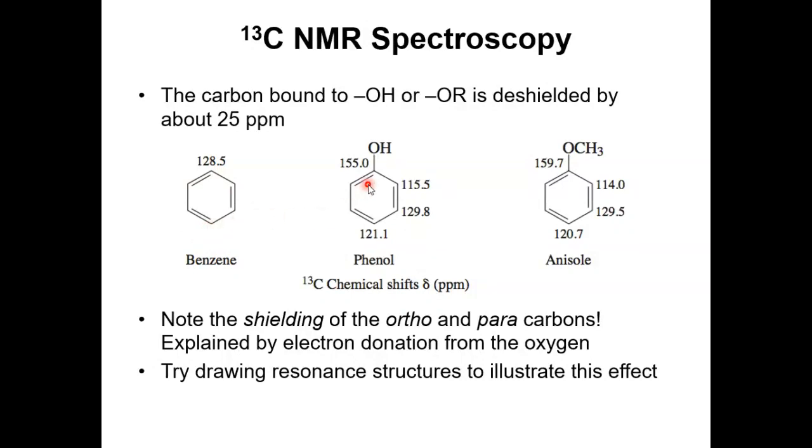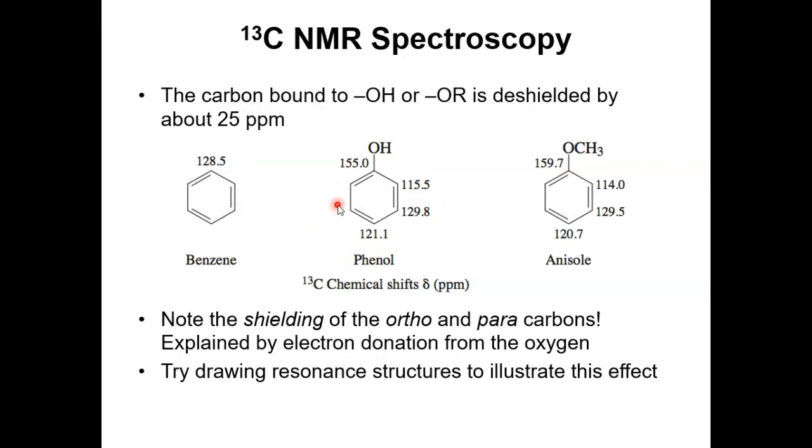And if you look at phenol carbon-13, the carbon directly connected to O, understandably, has a much higher chemical shift value than the rest of the ring carbons. Why? Because the oxygen is an electron withdrawing group. If you look at the inductive effect, so that's why this one has the highest chemical shift value.